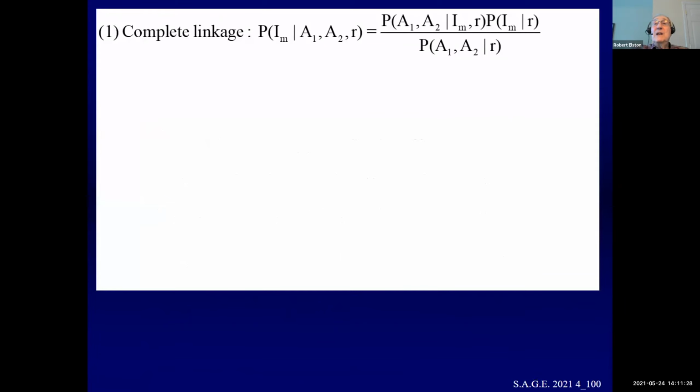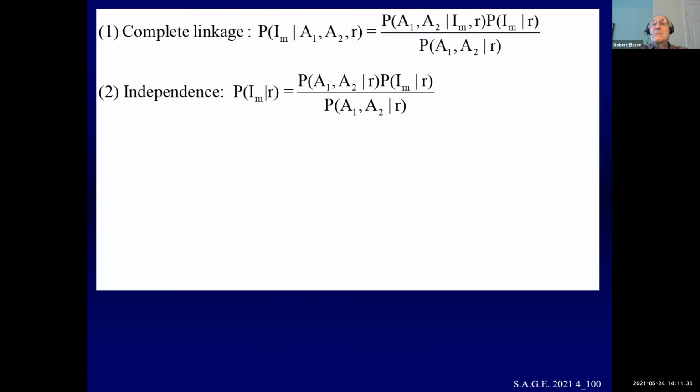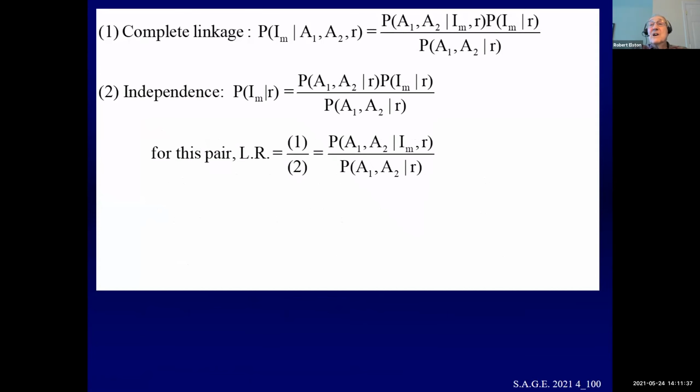So under complete linkage, you have this. Under independence, you have this. And for this pair, what you want is the ratio of these two probabilities. Here you not only know the relationship, but also the information from the markers. Here you have purely the relationship.